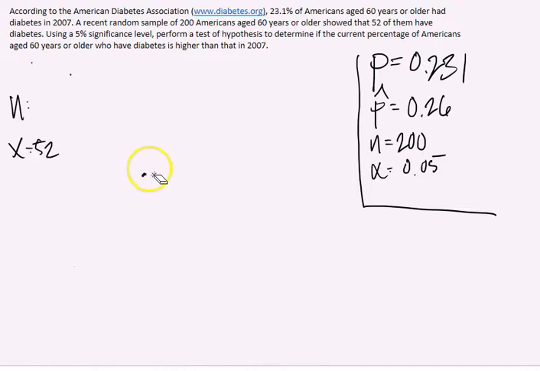So the first thing that we always want to do is state our hypothesis. Generally, we would state this in words and in symbols. I don't really care if you do it in words or not, but I 100% want you to do it using symbols.